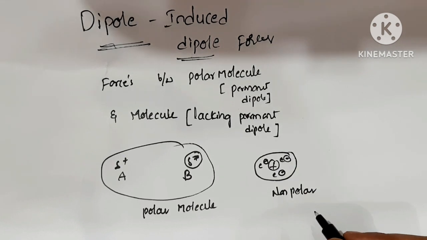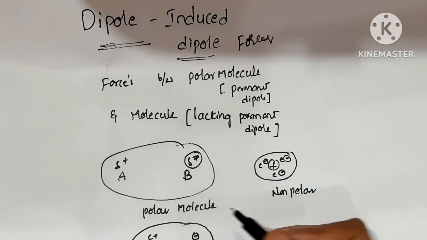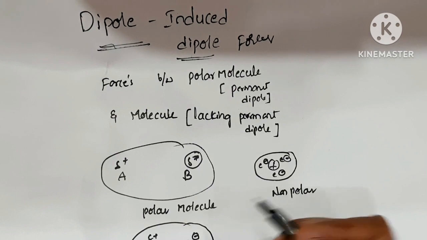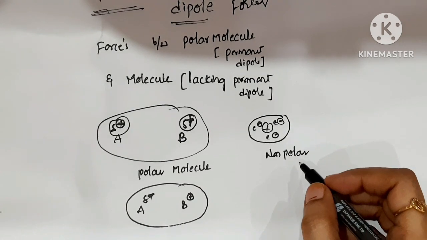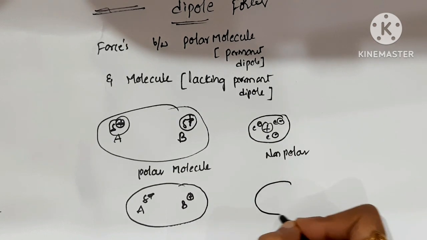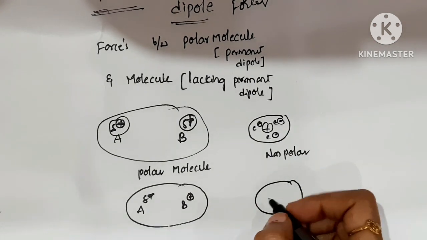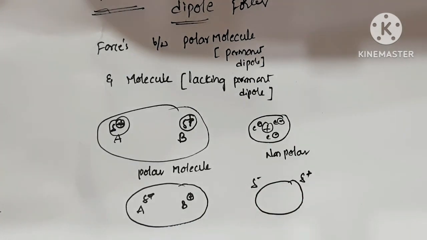So then this polar molecule, this negative pole becomes, this non-polar molecule becomes an induced dipole. Why? Because induced dipole are formed here.